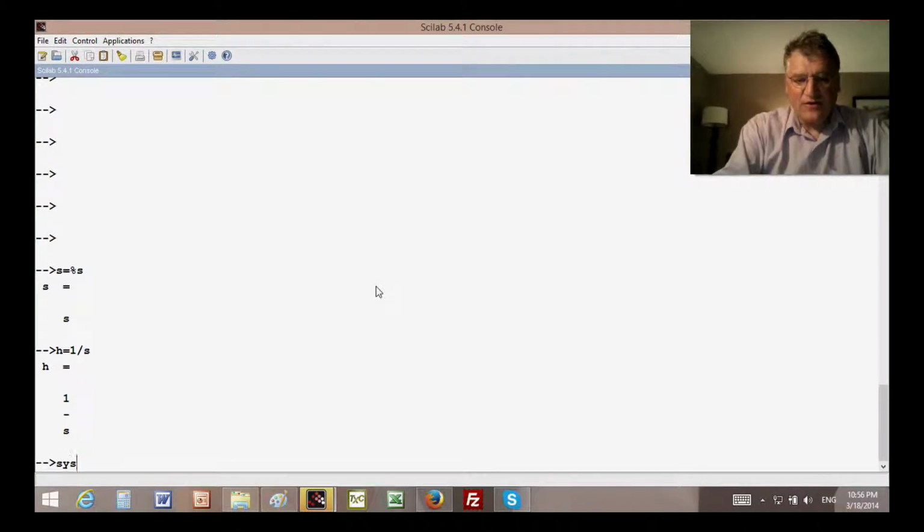Then we define our system equal to syslin of continuous time comma h, so that we can then plot Bode of sys.